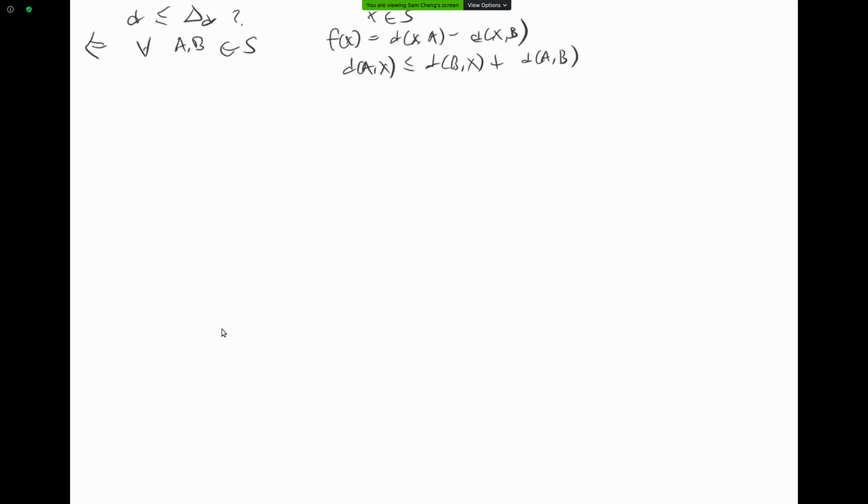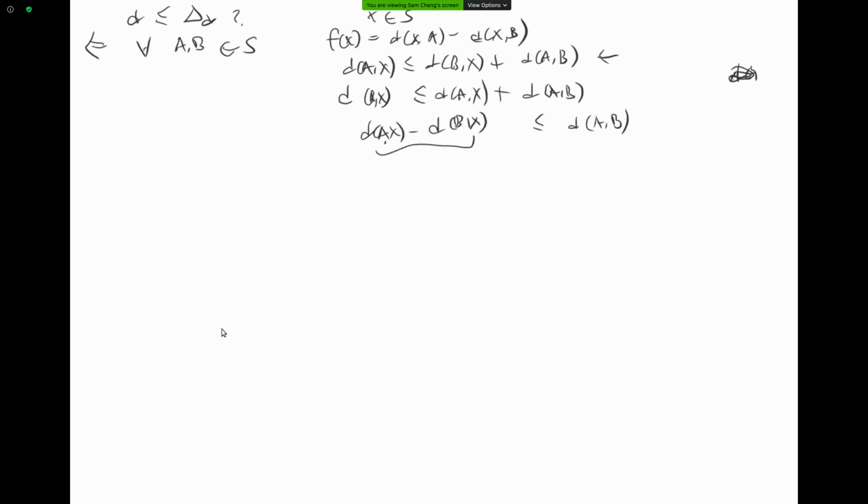Also, dax plus dab is bigger than or equal to dbx. So from the first inequality, dab is bigger than or equal to dax minus dbx, and this is just equal to fx.